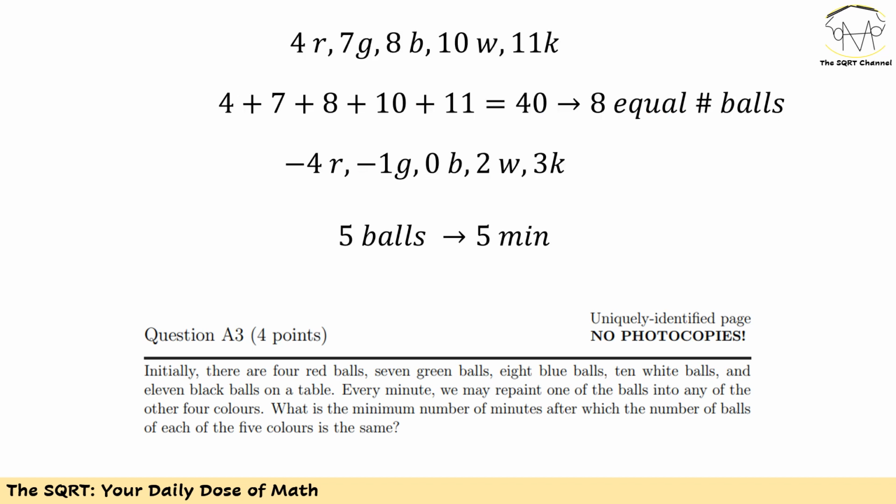To solve this problem, let me use R for red, G for green, B for blue, W for white, and K for black, because I already had B for blue. Now I have 4R, 7G, 8B, 10W, and finally 11K. In total, I have 40 balls. If you add them together, you're going to end up with 40.